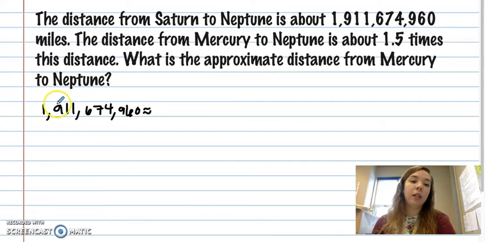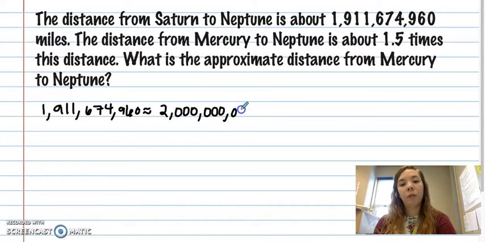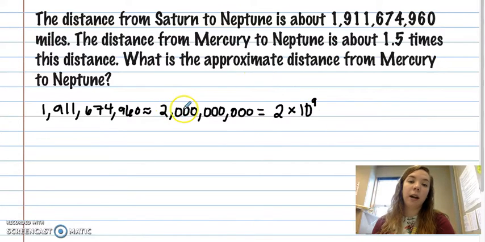My second digit is a 9, so it's going to round up to a 2. Then we can write this in scientific notation. This would be 2 times 10 to the 9th, because after my 2, I have 9 digits.